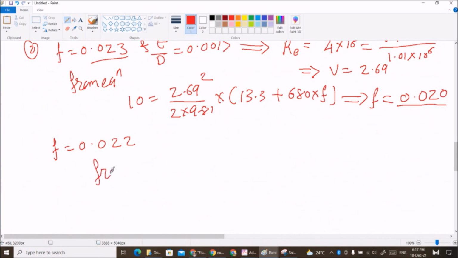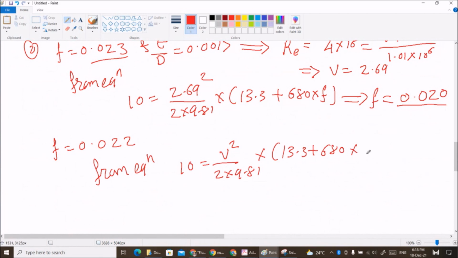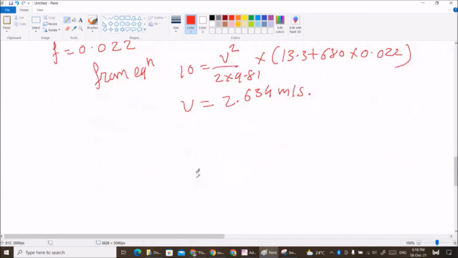So from equation, 10 is equal to v square divided by 2 into 9.81 into 13.3 plus 680 into f, where f is equal to 0.022. So we'll get velocity is equal to 2.634 meter per second, and hence discharge Q is equal to AV.